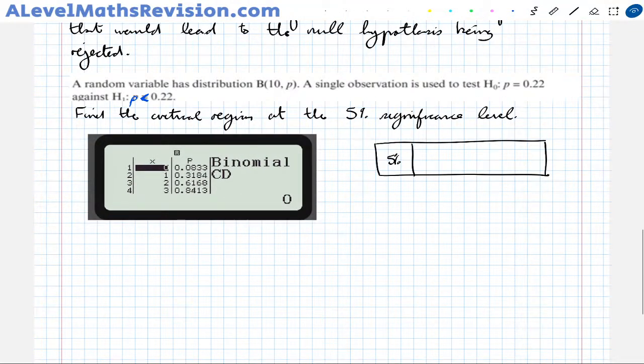So this is an interesting output because we can see the probability that x is less than or equal to 0 is 8.33%. The probability that x is less than or equal to 1 is 31.84%. So actually, none of these observations at all lie in our critical region.